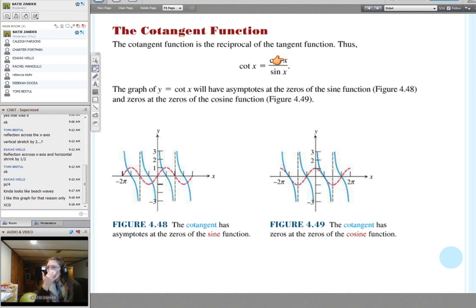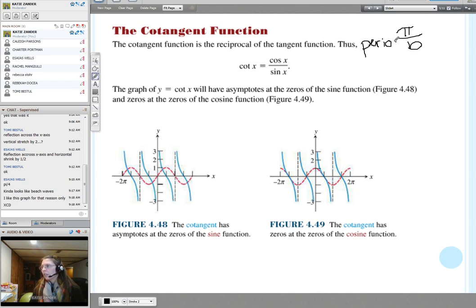The other thing that I want to point out for tangent and cotangent: the period of a graph is only pi over b. Usually b is 1, because b is that number in front of the x. However, because it does change a little bit, we can remember that pi over b. So if you're ever asked to find the period of tangent or cotangent, we use that pi over b formula.